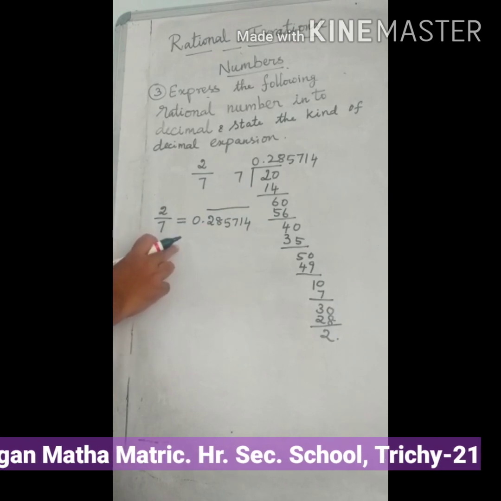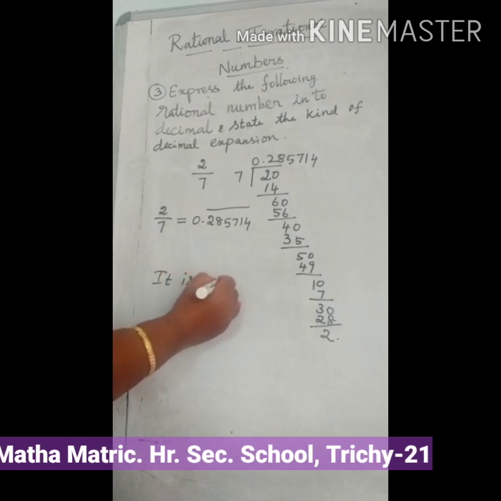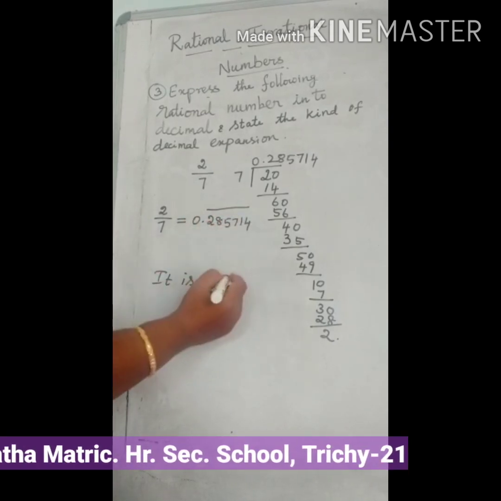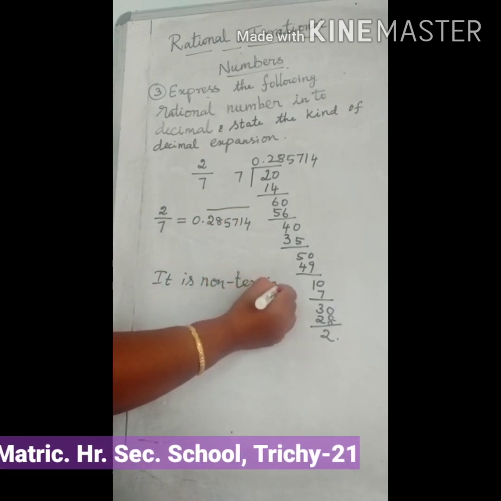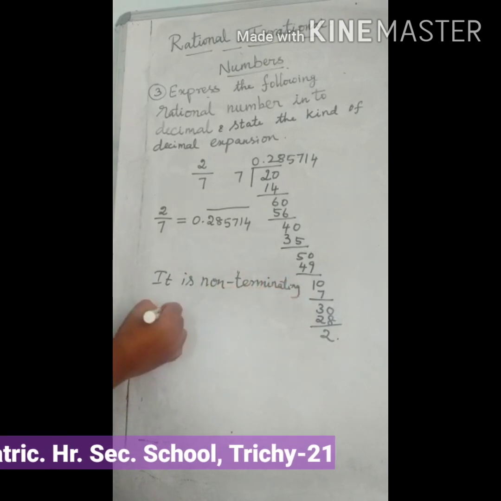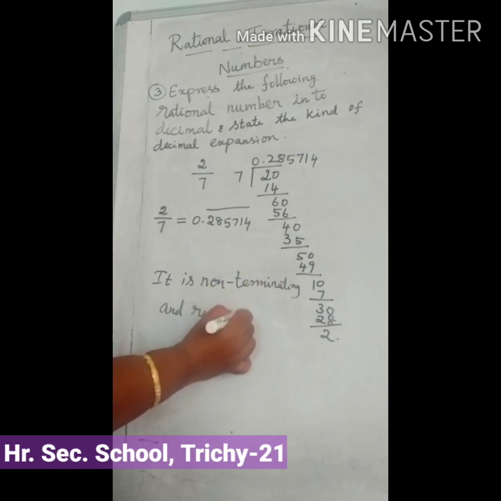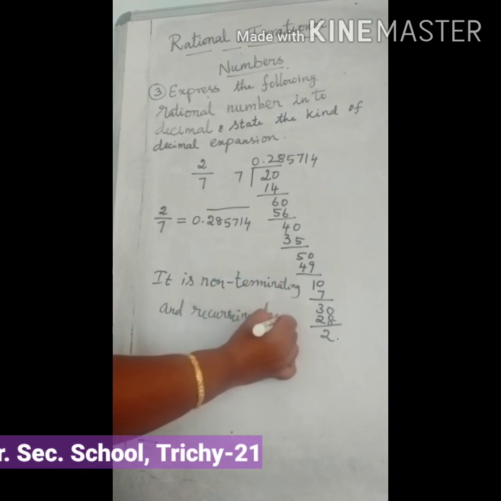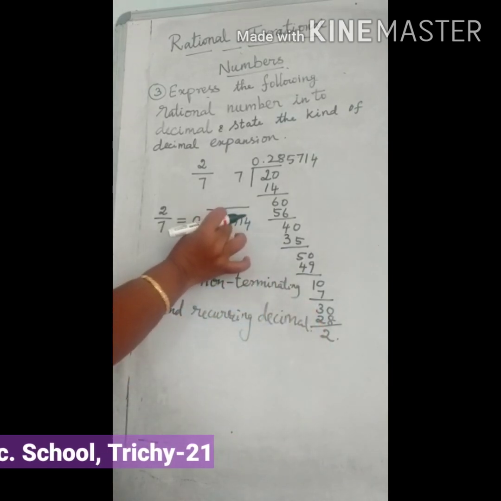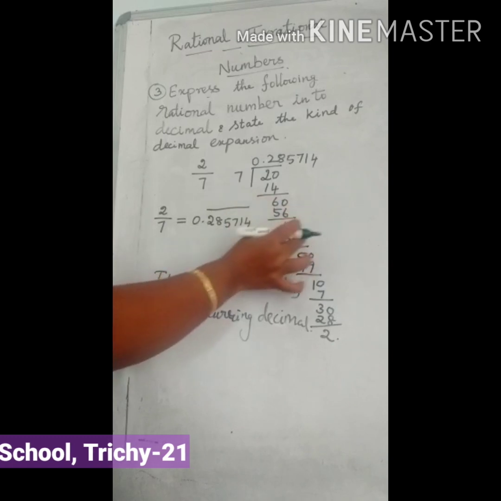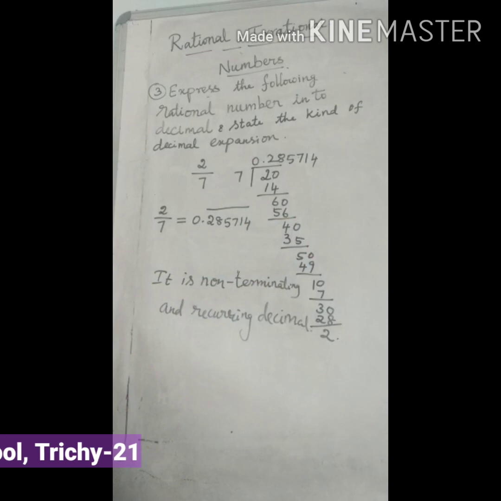This decimal is non-terminating because it will be repeated again and again. So it is a non-terminating and recurring decimal expansion. The repeated numbers, the 6 digits 1, 2, 3, 4, 5, 6, are repeated again and again.